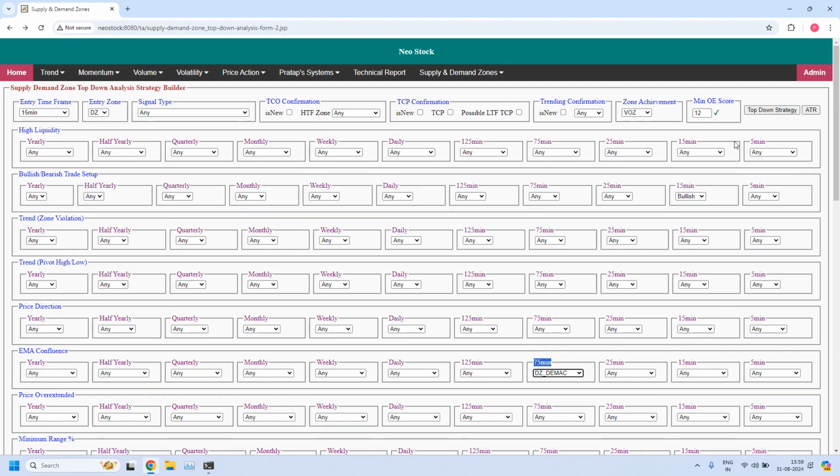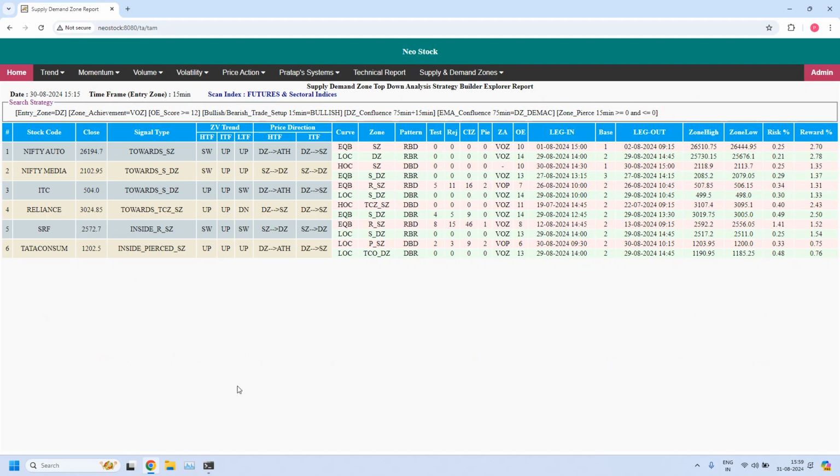Now let's verify the stocks. Now the list has come down to 6. These 6 stocks are having a daily EMA confluence, and also these 6 stocks are having a 15 minutes and 75 minutes demand zone confluence, and also supporting bullish trade setup for daily income trade.